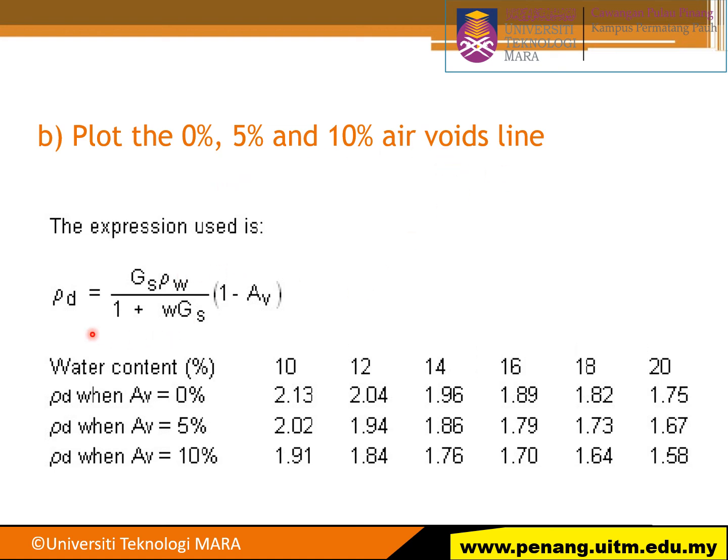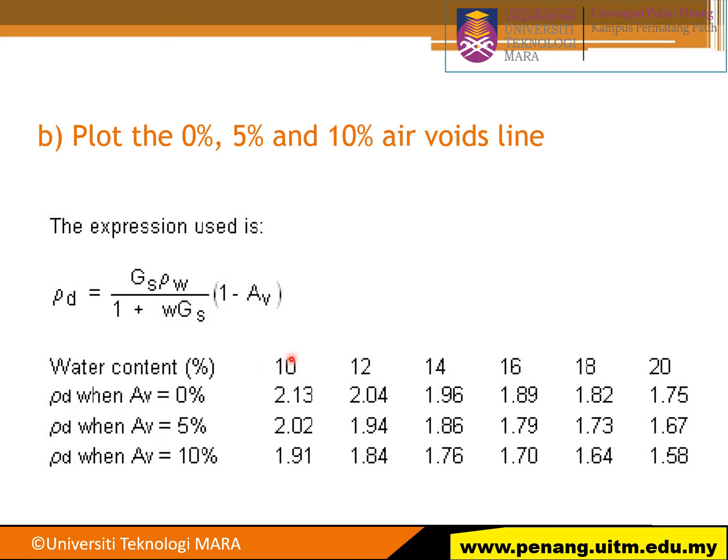The expression used is rho dry is equal to Gs rho water over 1 plus moisture content times Gs, times 1 minus AV. AV is the air void, so you have to insert the value of 0%, 5%, or 10%. For example, for the first one we use 0%, so AV is 0, rho water is 1, and Gs is 2.7 if I'm not mistaken, and W is the water content.